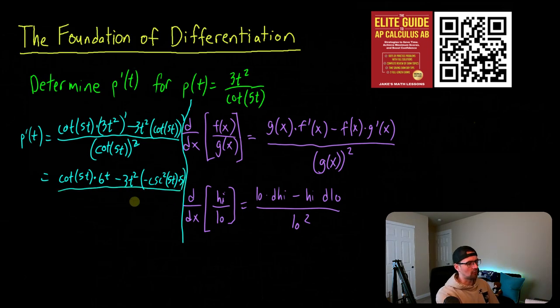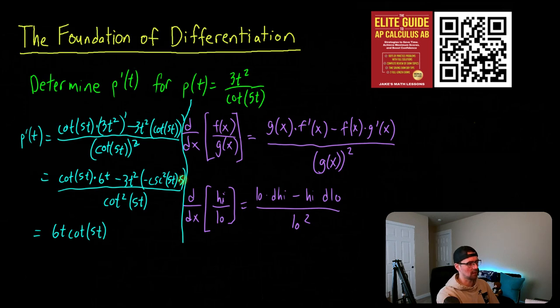And then for our denominator, we're just going to have cotangent of 5t all squared. That's the same as saying cotangent squared of 5t. So now we can simplify, distributing everything out on the numerator. This cotangent 5t times 6t is really just reorganizing: put the 6t out front times cotangent of 5t. And then negative 3t squared times negative cosecant squared of 5t times 5.